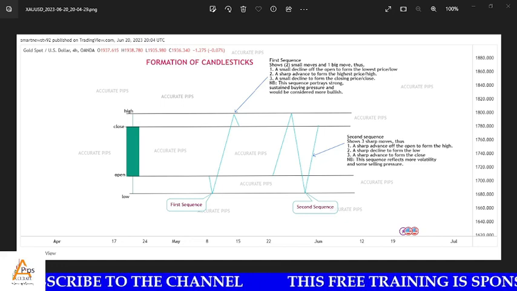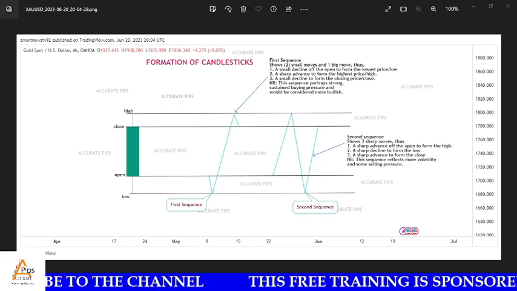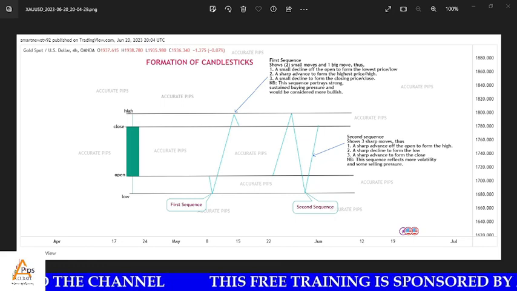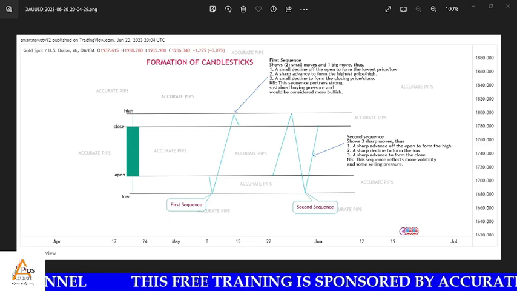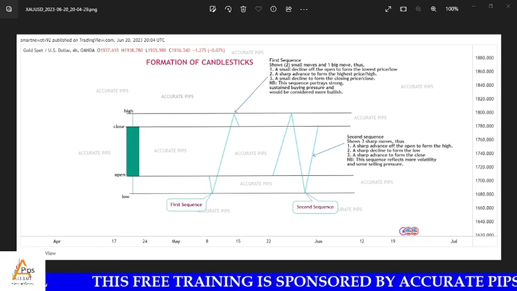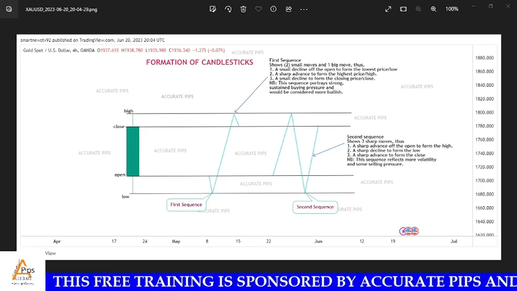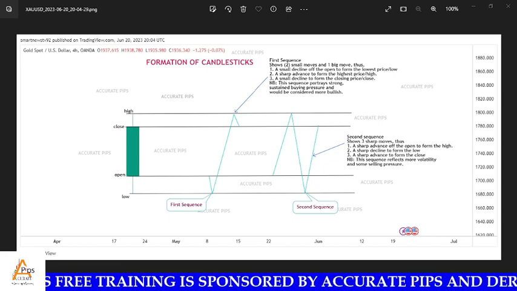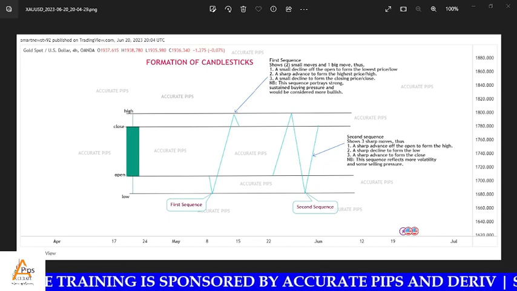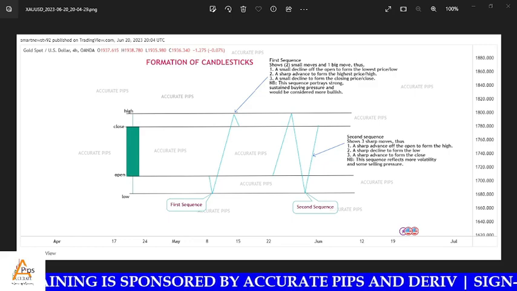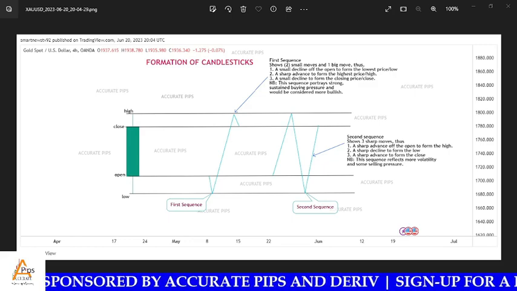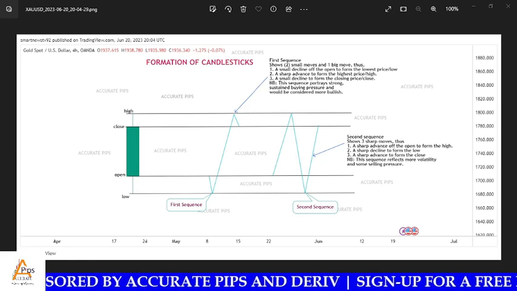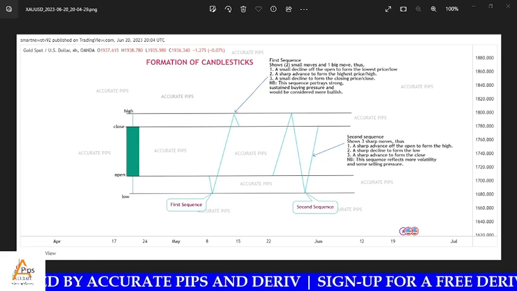That's why I said this is a basic overview of structure. We will look at the advanced market structure marking. There are certain things you need to understand in terms of what we call inducement and all that. The market structure is such that whatsoever happens on the higher time frame happens on the lower time frame also.